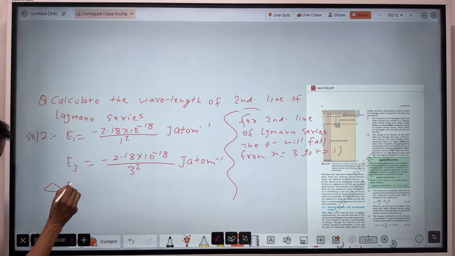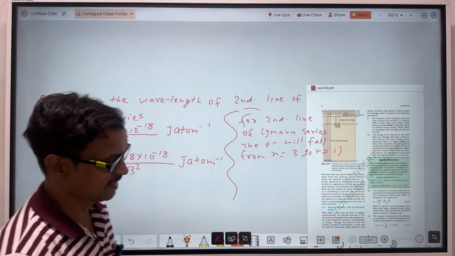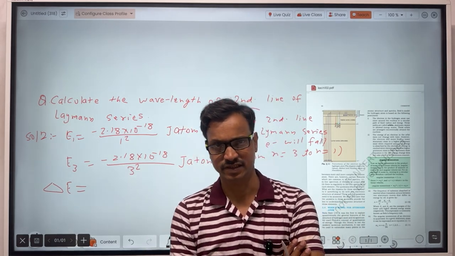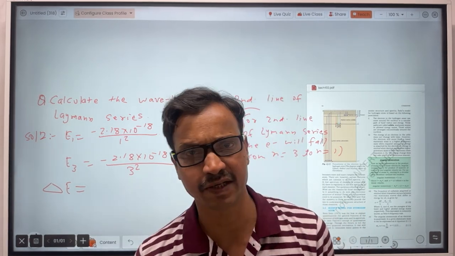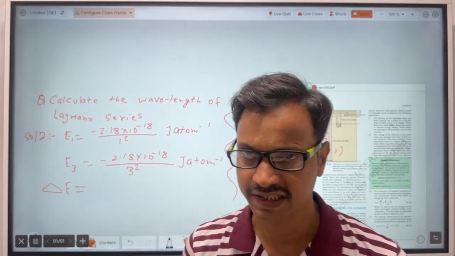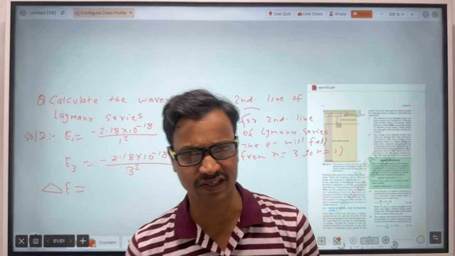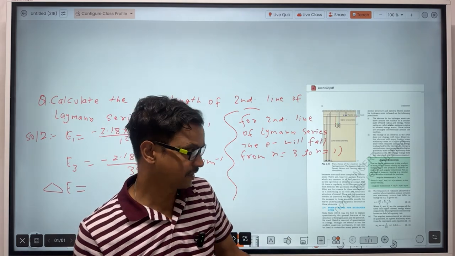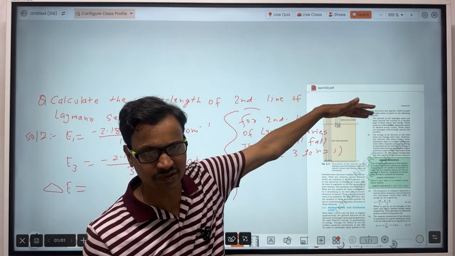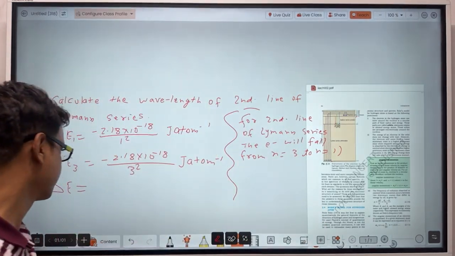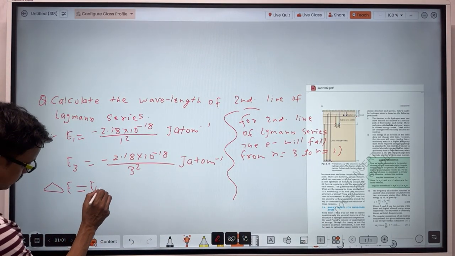Guys, change always means final minus initial. Wherever there is a change, it means final minus initial. Here the change in energy of the electron means the energy when the electron falls to n equal to 1 minus the energy when the electron is at n equal to 3. So that will be the change in energy of the electron.